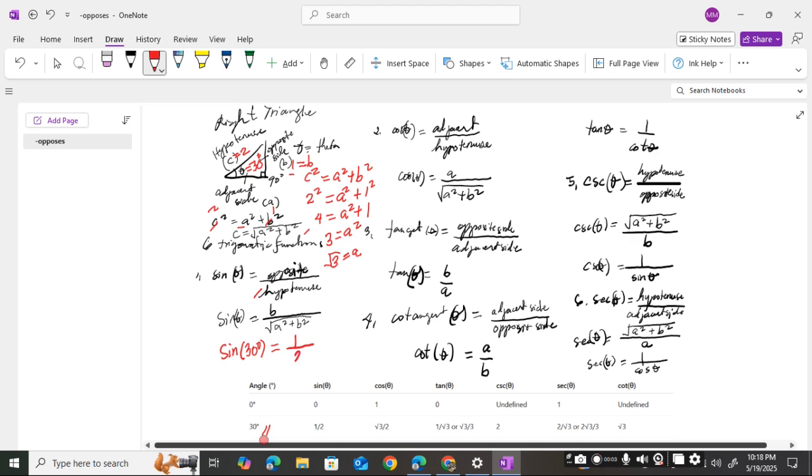So we write there 2, and we were successful in obtaining the first entry for the sine function, that is 1/2.